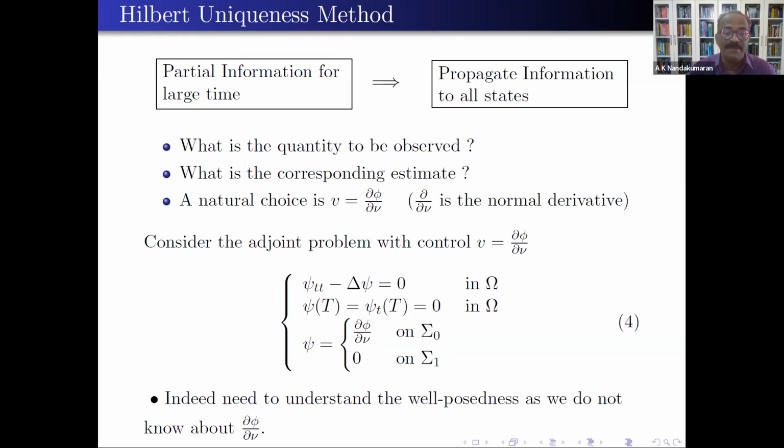Normally, when you study the wave equation, you don't immediately see this regularity, but you can actually show that dphi by dnu is in L2. But even with that L2, this problem is not in the standard weak formulation, because you need something like H half, which you don't have. So you have to interpret this solution.